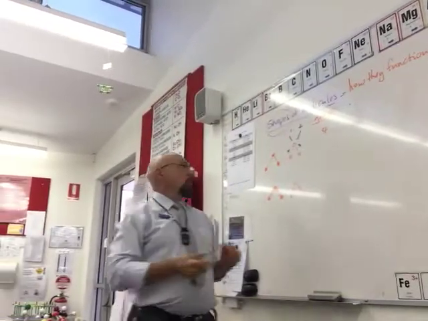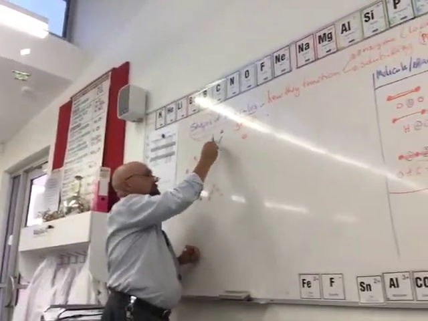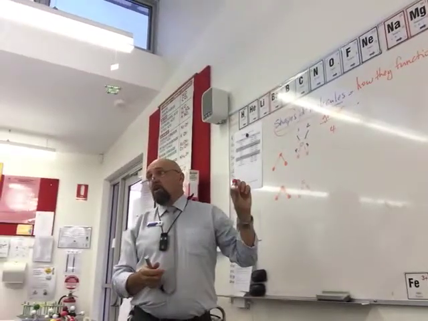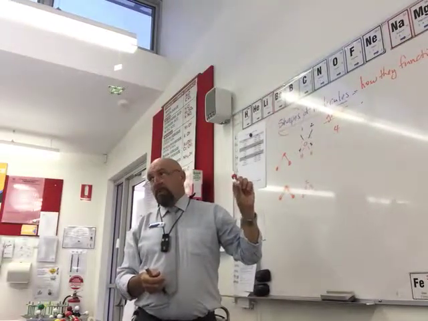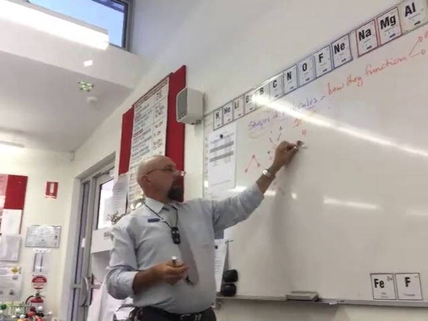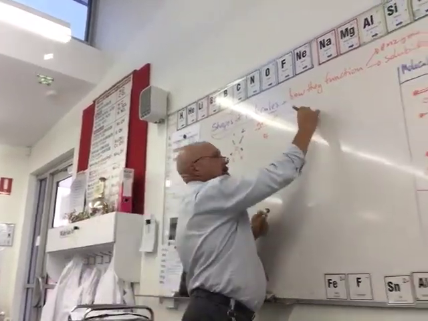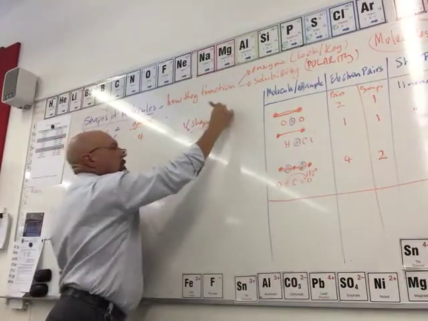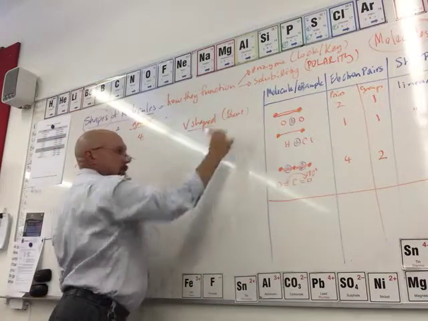However, 2 of those are bonding, 2 of those are non-bonding. So that makes the molecule shape to be V-shaped. So we'll leave that one for the time being. That's the structure for water, and water is a V-shaped molecule. Or you can use the term, it's a bent structure.